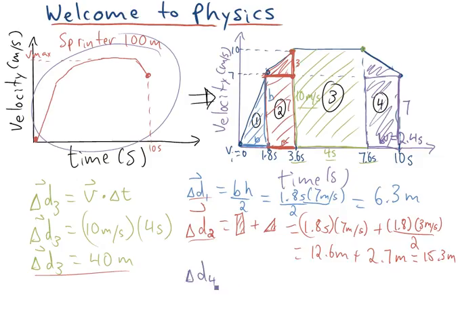So delta D4 is equal to your rectangle, 2.4 times 7, plus your mini triangle, which has a base again of 2.4, times the height, 10 meters per second minus 7, so it's 3 again. It's the area of a triangle, so you have to divide that by 2. So you have 2.4 times 7, which is 16.8 meters, plus 2.4 times 3.